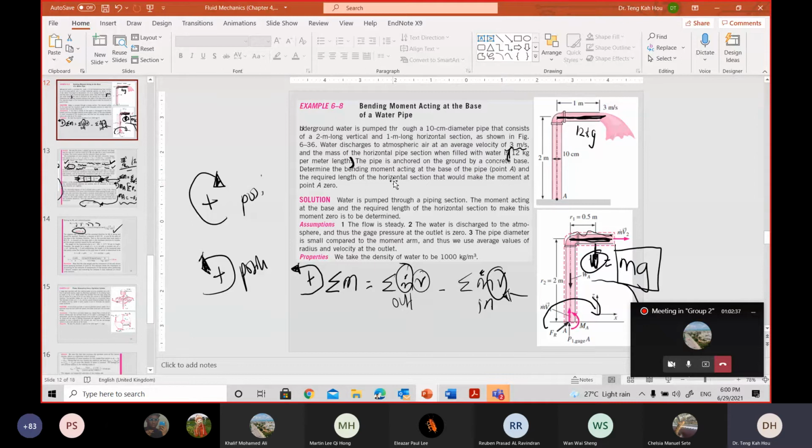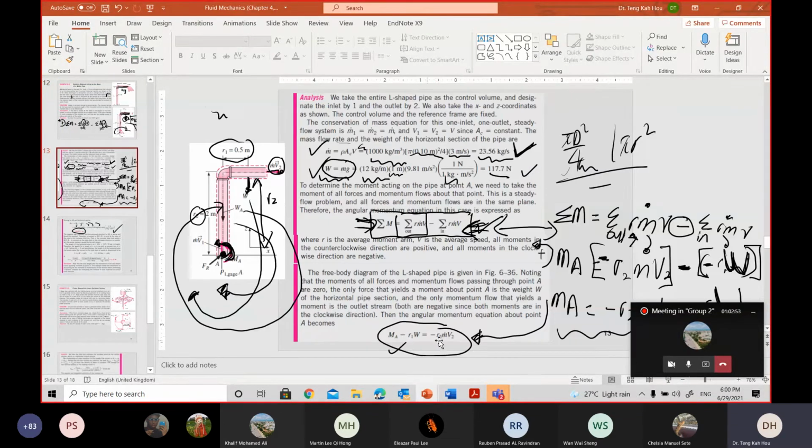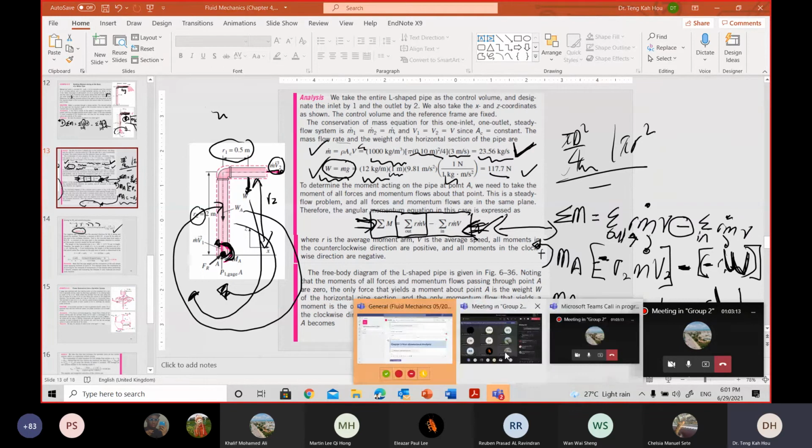So when you do the reverse calculation, the second part is the required length of the horizontal section that would make the moment at point A equal to 0. Since you understand this, you just need to consider moment A equal to 0, and from there you do the reverse calculation. And your W is no longer mg for this case because it's unknown. That's why you need to start from there.